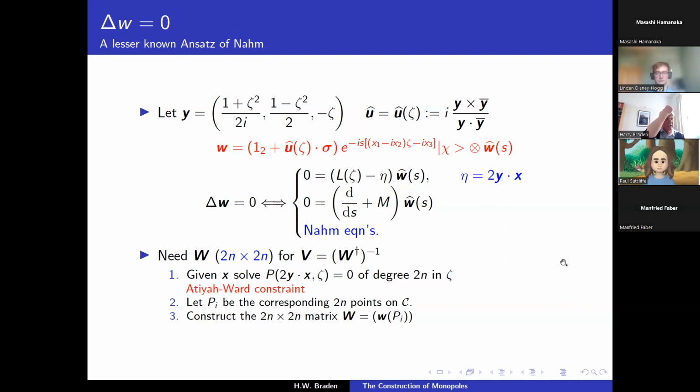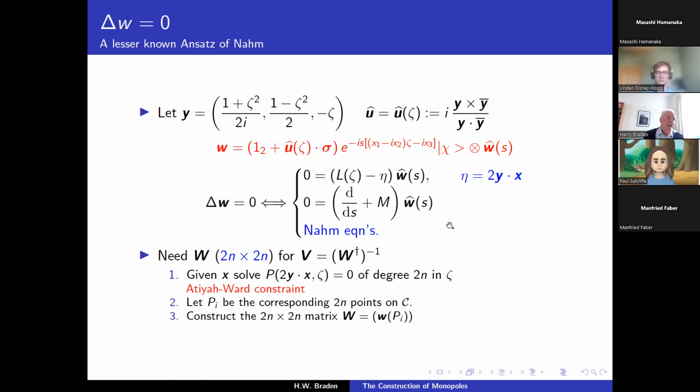So I put in delta W, and I discover it breaks up into the Lax equations that we've seen. This identifies eta, the eigenvector, with the space-time point x in this fashion, and Nahm's equations have to be solved. So this gives us our approach.